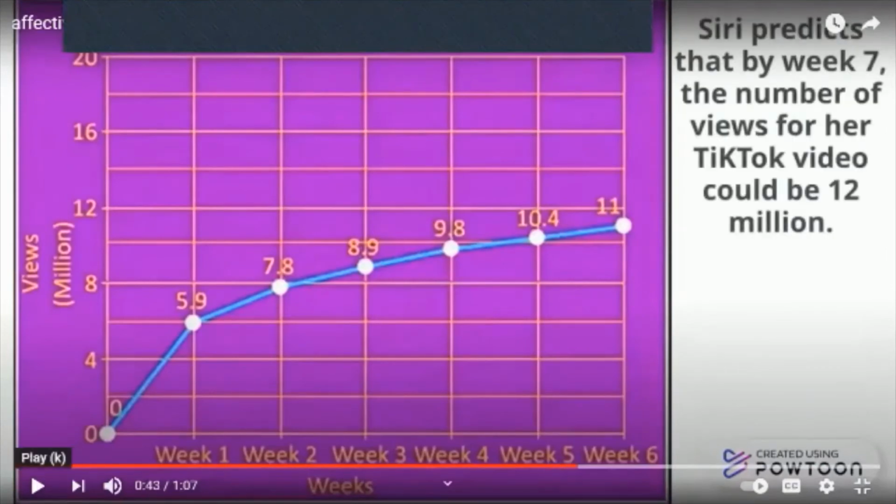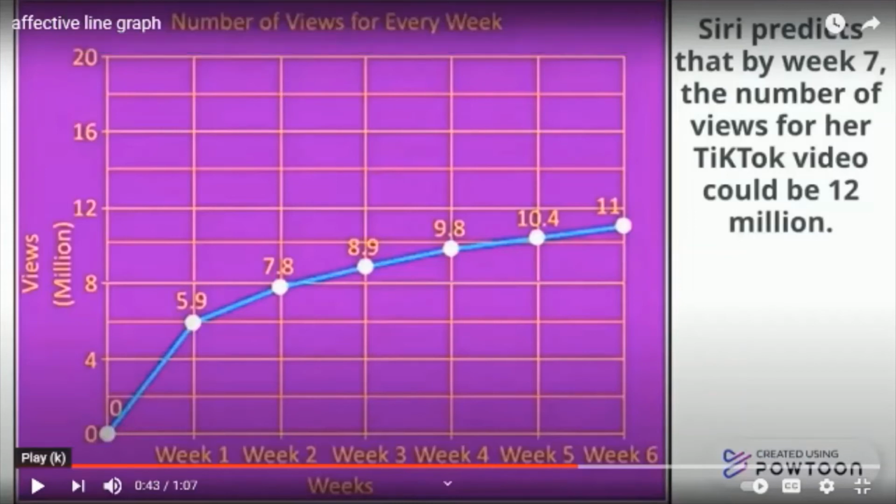So Siri predicts by week 7, the number of views for her TikTok video could be 12 million, right? So another example could be a TikTok video or a YouTube video, the numbers of views for those types of videos as well, right? And why would Siri want to know how many people looked at her TikTok video?